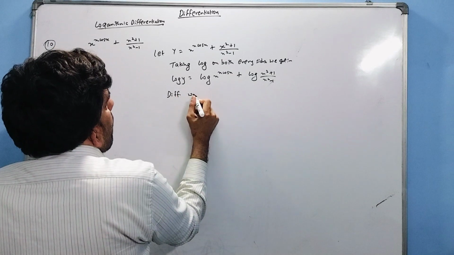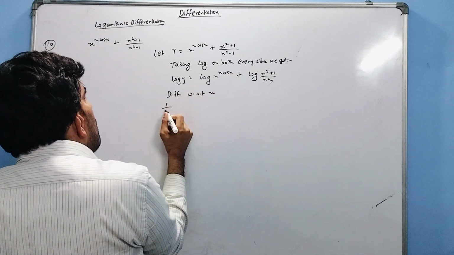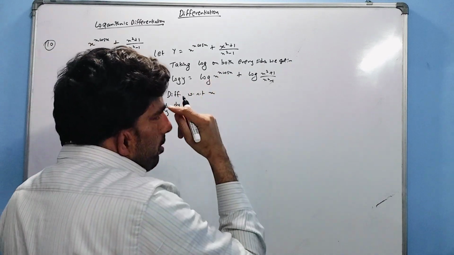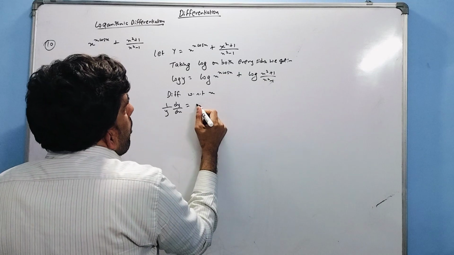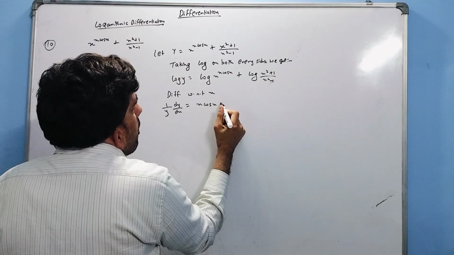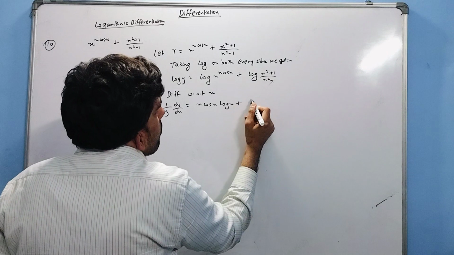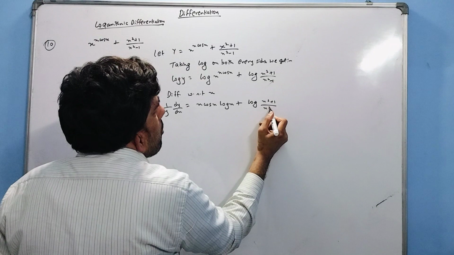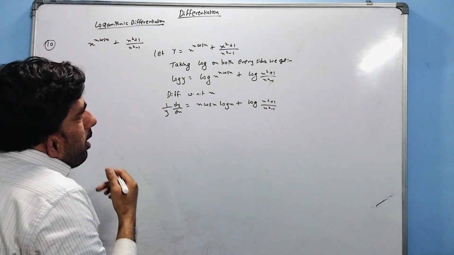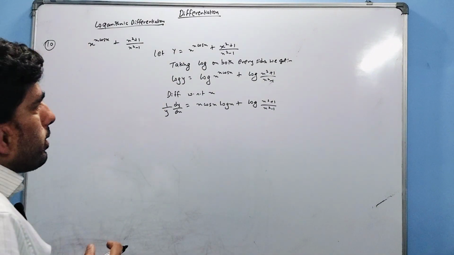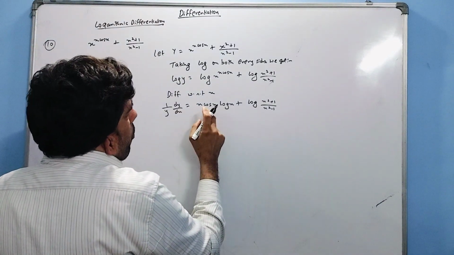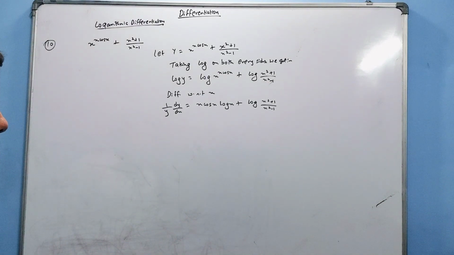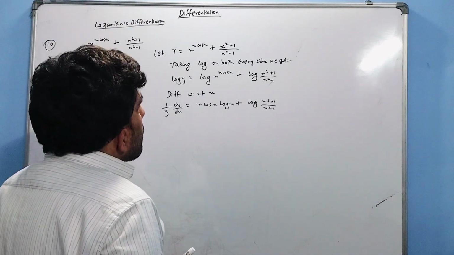Differentiating with respect to x, we have 1 upon y dy upon dx equal to this: x cos x log x plus log of x square plus 1 upon x square minus 1. Now we have three functions here, x, cos x and log x, and we have this. Let's start to differentiate it.